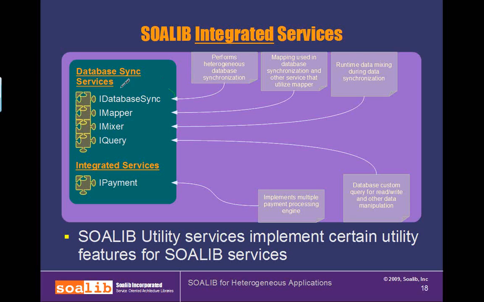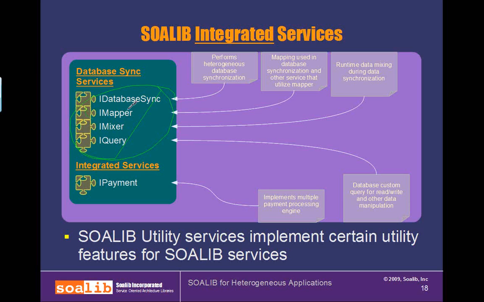And this is one of the most important strengths, I would say, of SOALIB: it can do bidirectional data synchronization in a heterogeneous form. So you can connect to different databases over the web service and then do a bidirectional synchronization based on a mapper.